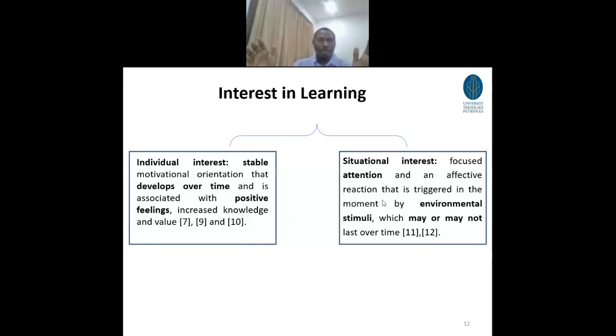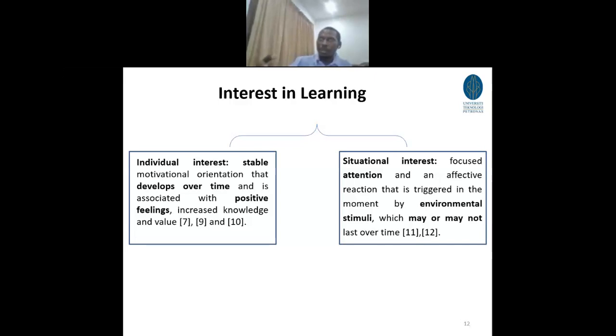On the other side, we have what psychologists call situational interest. This is a focused attention and an attractive reaction that is triggered in the moment by environmental stimuli, which may or may not last over time. So what does it mean? Let's say you are in a teaching situation. You have some students that are not really interested in the topic.